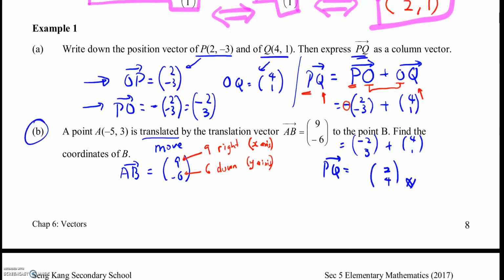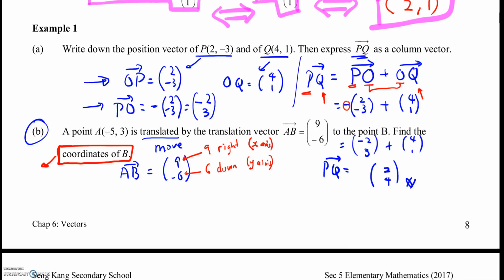Now, can you underline the word coordinate of B and tell me, if I want to find the coordinate of B, what will the vector be called? Multiple choice: AB, OA, AO, BO. Wow, too many. Okay, again, now I want to call coordinate of B using a vector. What will be the name?